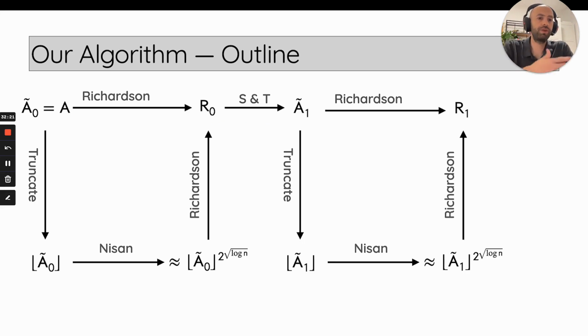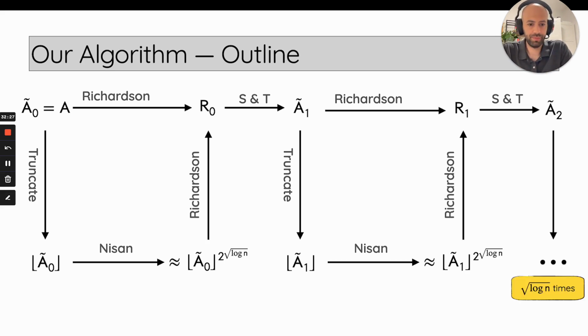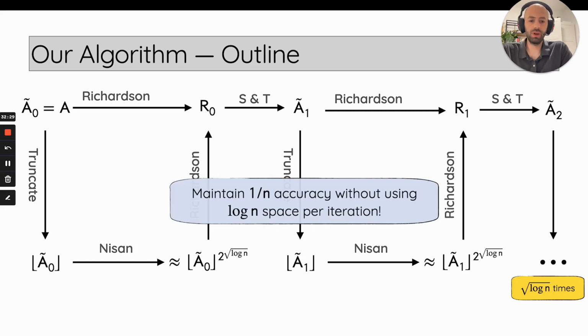Okay, so we have an alternating nature between 1 over W accuracy and 1 over n accuracy. We do it for square root log n times, and we're able to maintain 1 over n accuracy without using log n space per iteration.